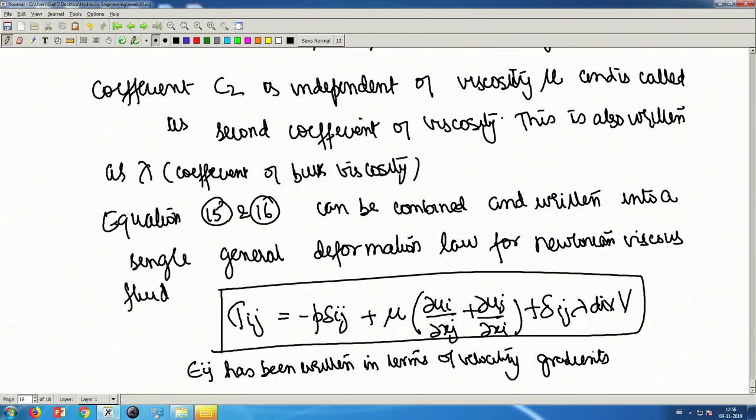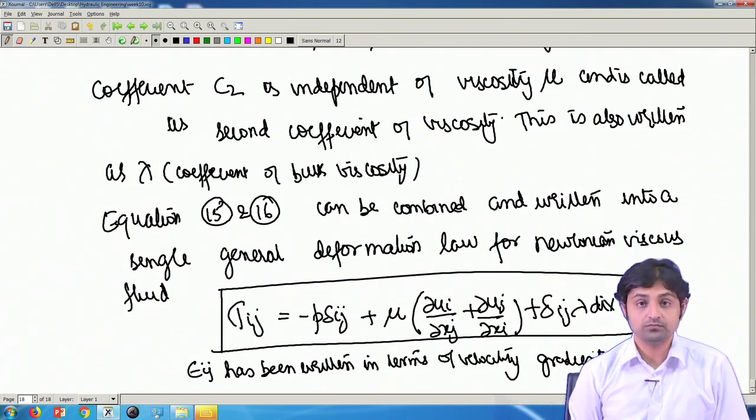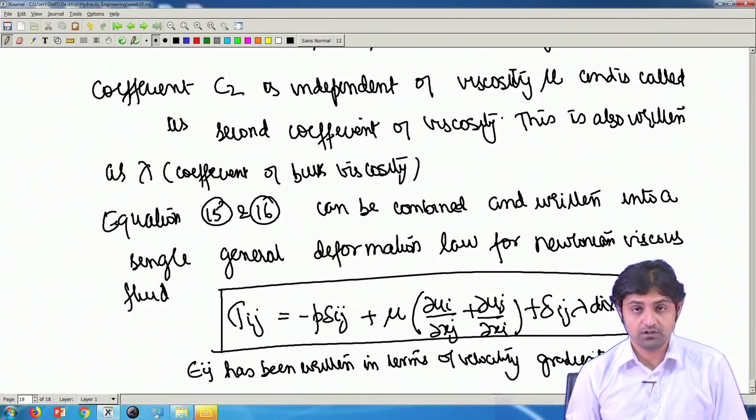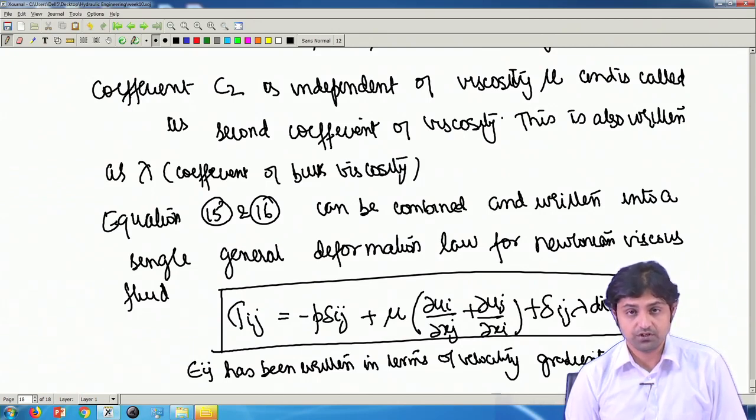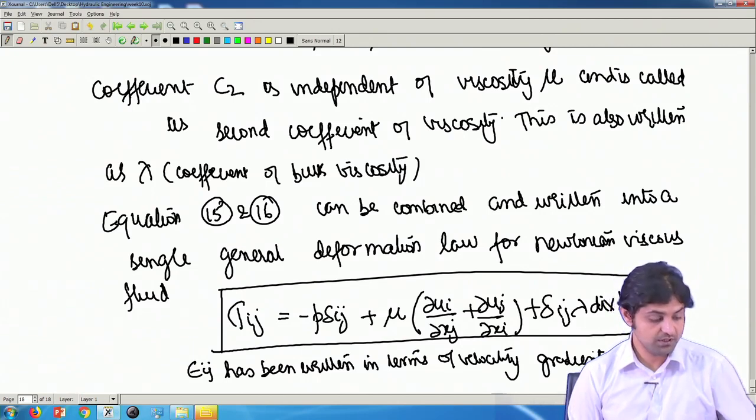You remember our lecture 1? In lecture 1 we derived this epsilon ij, the shear strain rates, and we wrote it in terms of velocity gradients. So, I think this is the nice and appropriate point to stop.